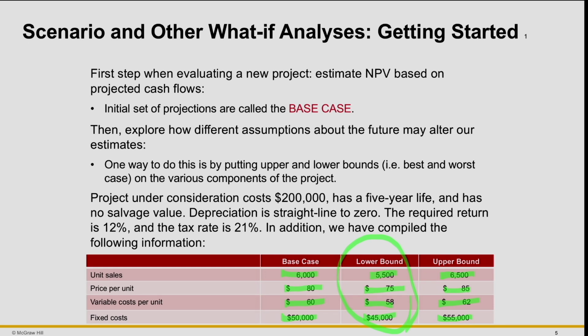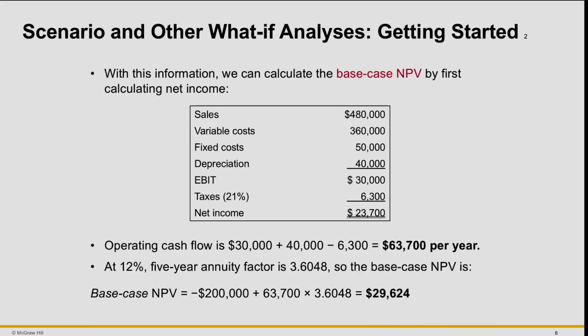So we're going to pick out the variable cost that's over here, not the 58, but we're actually going to apply the 62. We're also going to pick the highest fixed cost. That would be our very worst case scenario. So recognize that when we see the next few slides as we go through this example, that's why those numbers flip around. This is just showing us the lowest level of each of the variables and the highest level of each of the variables as compared to the base case.